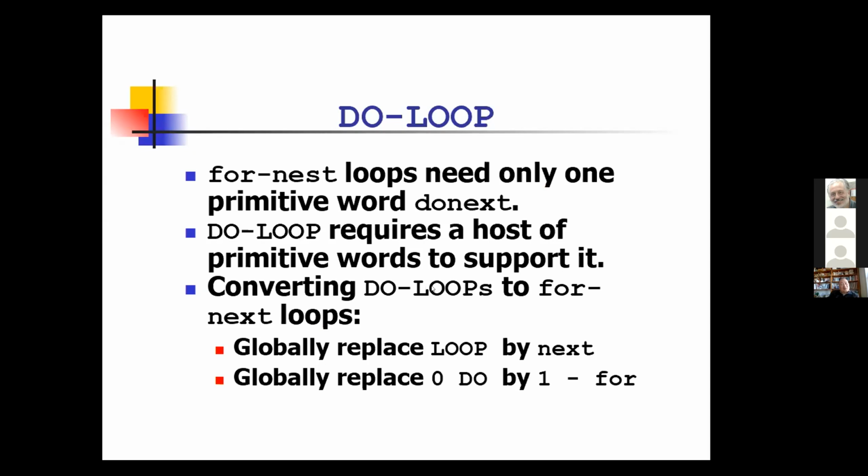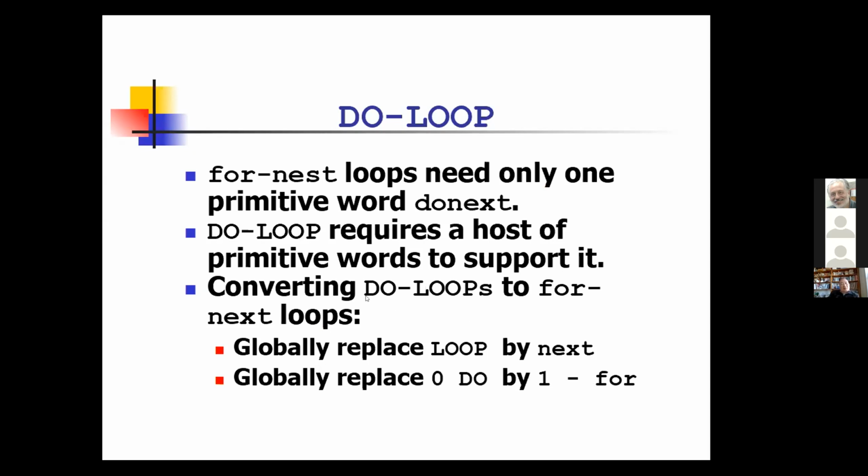So I have to convert all the do loops to for next. But it is very straightforward. You just globally replace loop by next, and globally replace 0 do by 1 minus 4, and all the loops are converted.